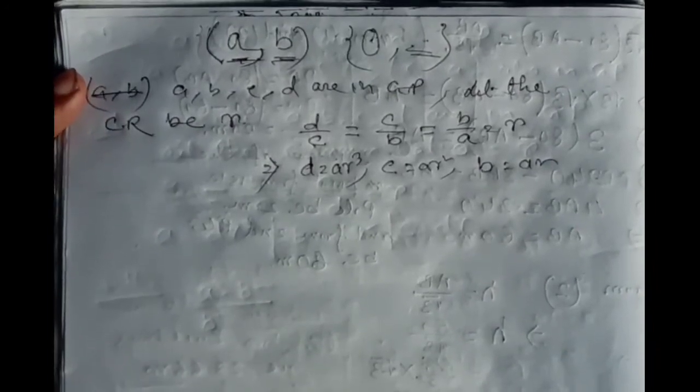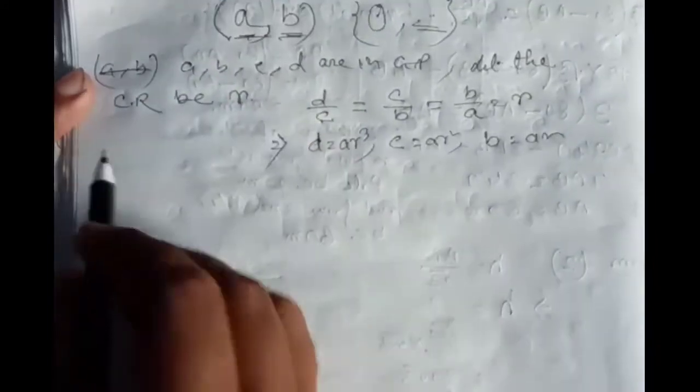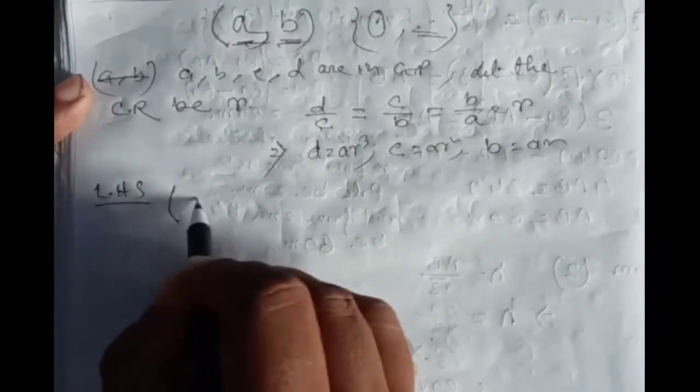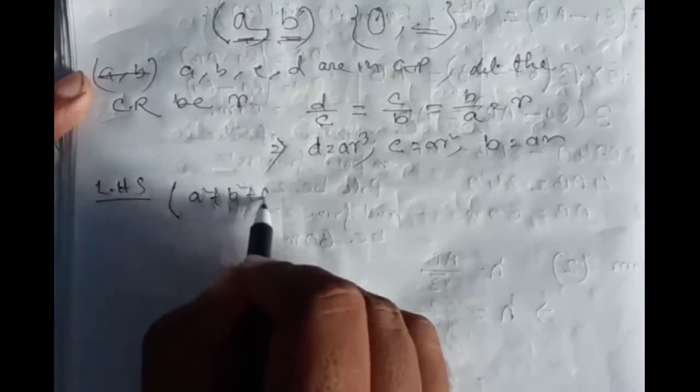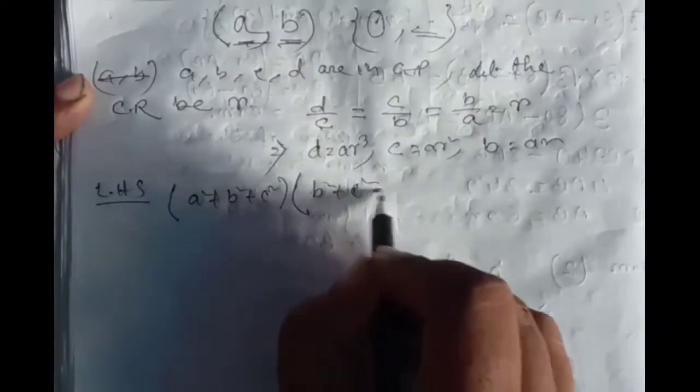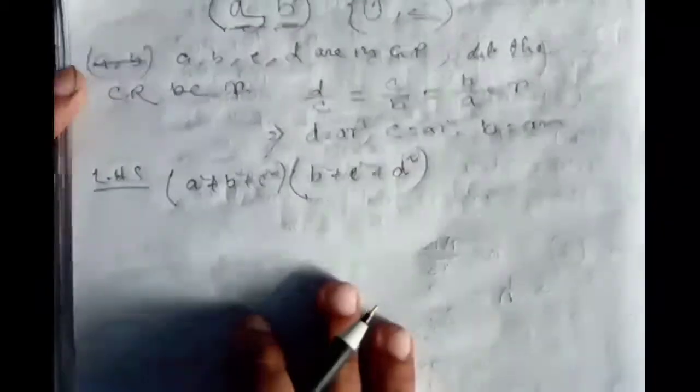Okay. So here my LHS is given. LHS is equal to (A square plus B square plus C square) into (B square plus C square plus D square). It is given in LHS.